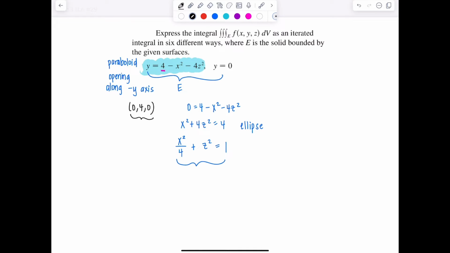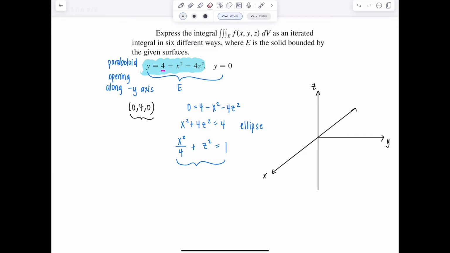Okay, so now let's graph exactly what this solid E looks like in our three-dimensional coordinate system. So z-axis. Let's put the x-axis maybe like this, and then here's our y-axis. What do we need to put on here?